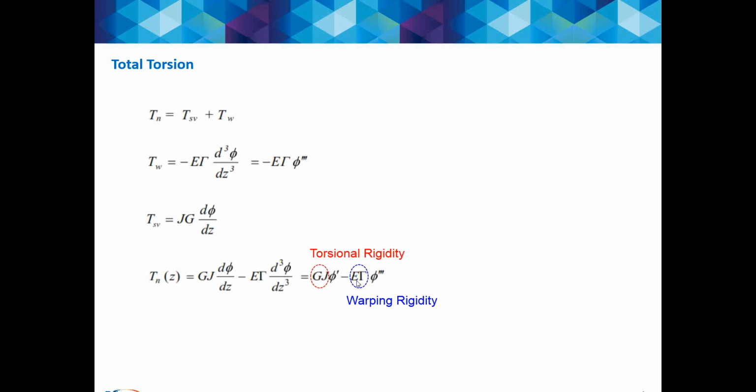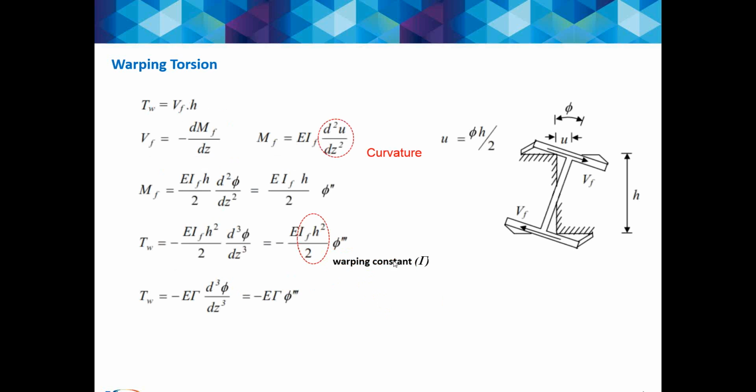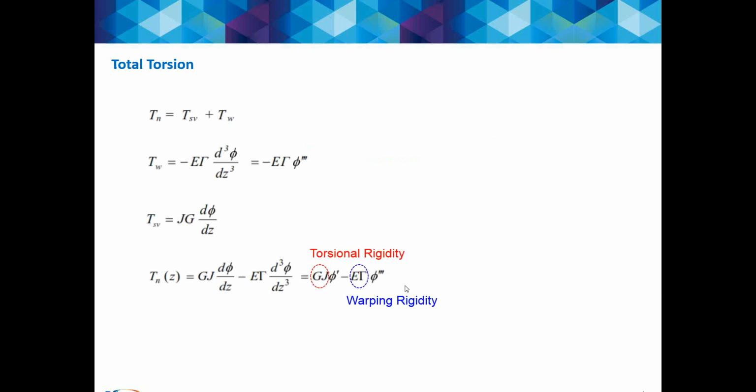The Saint-Venant torsion is resisted by the torsional rigidity, and the warping torsion is resisted by the warping rigidity. And this gamma is the warping constant that I just mentioned.